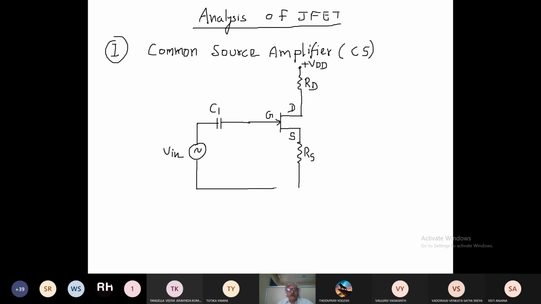Now here, gate and source, we already discussed yesterday that this gate and source will offer a very high resistance, right? So this resistance is denoted by RG.